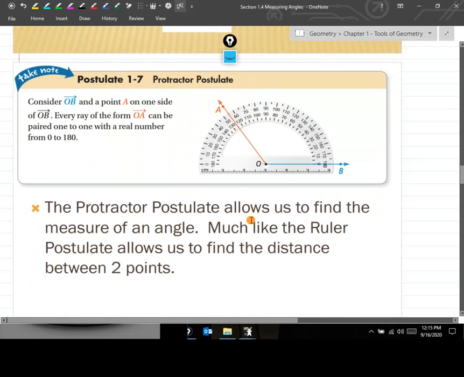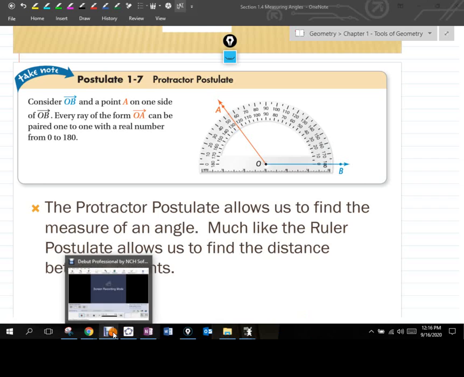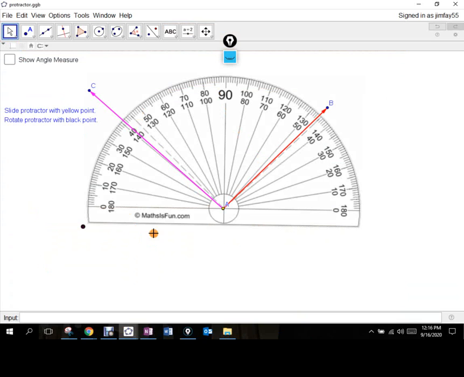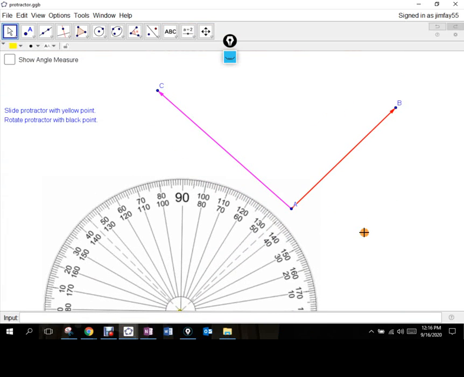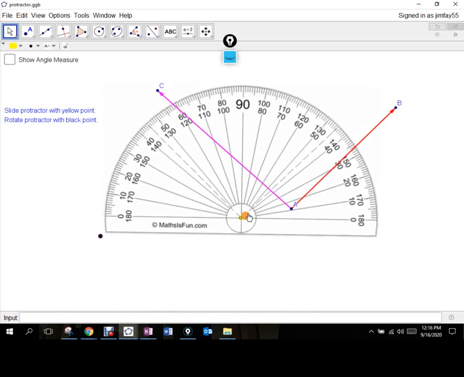Okay. All right, so this is the protractor postulate. I think it might make more sense, guys, if I can demonstrate what it is instead of maybe reading it through with you directly. So if I've got this angle here, and I want to measure that angle, you guys are probably most familiar with taking a protractor and placing that protractor right there.